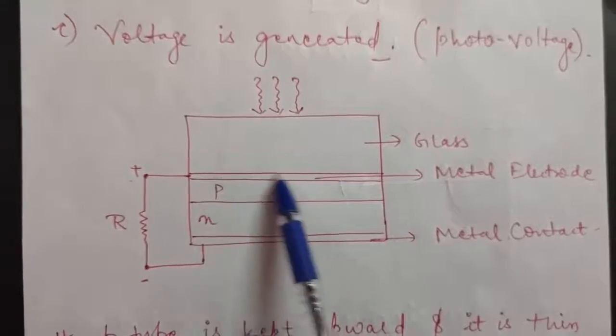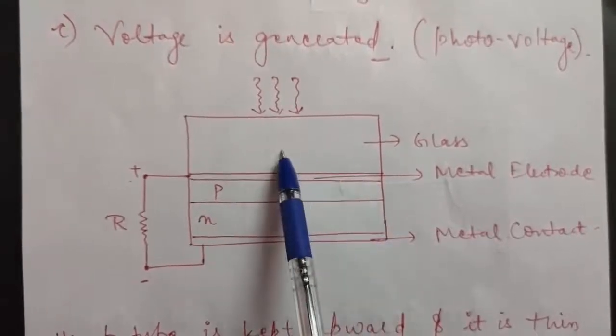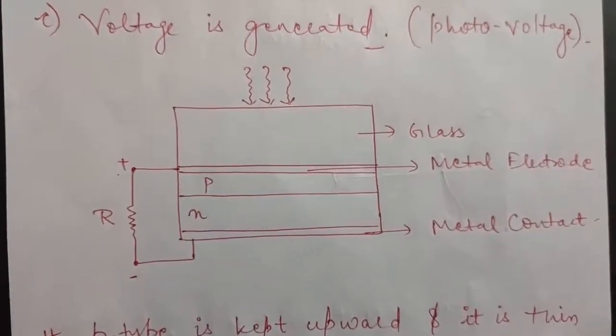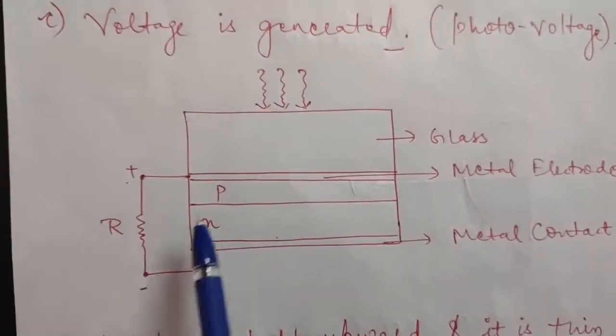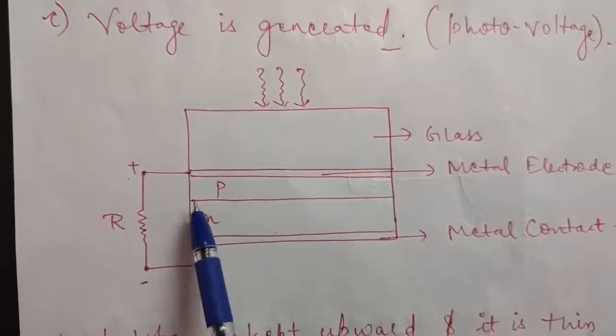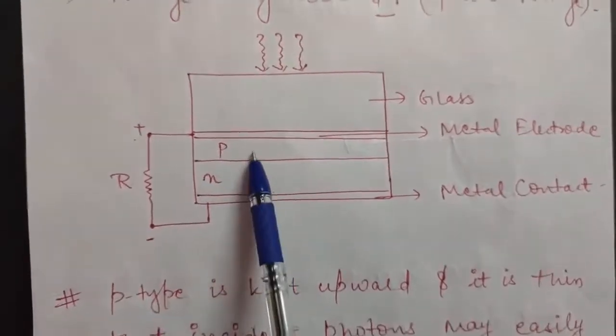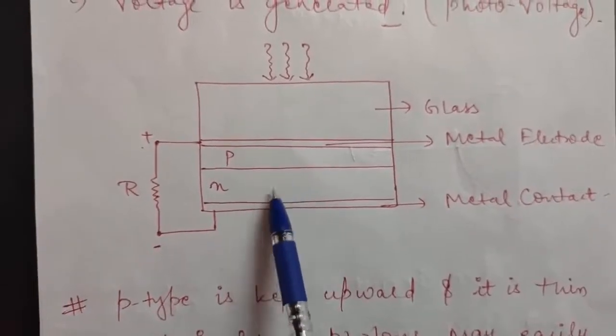Again on the p-type a metal electrode is there, and after that a glass plate is kept. Okay, now see, this p layer is very thin as compared to the n layer. Okay, and it is kept upward, you can say, above the n.